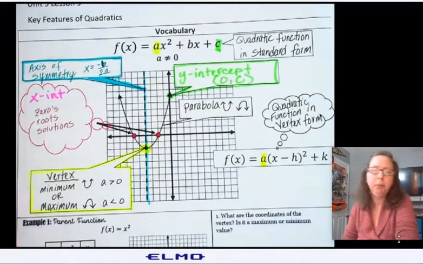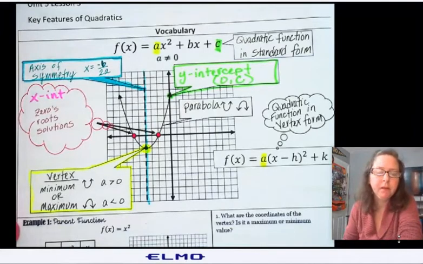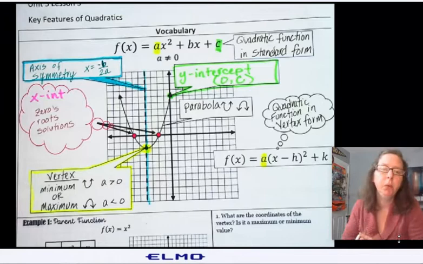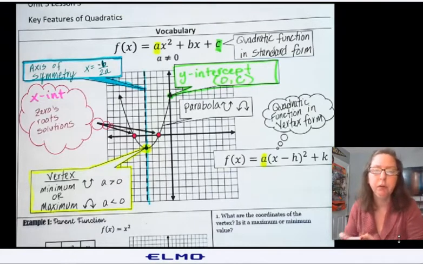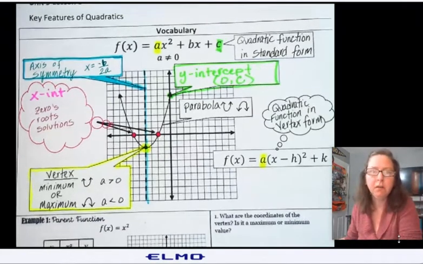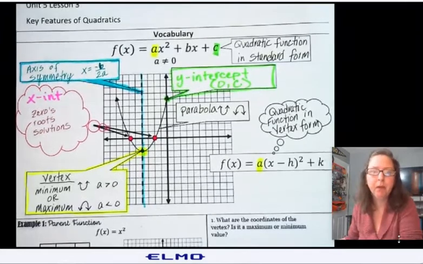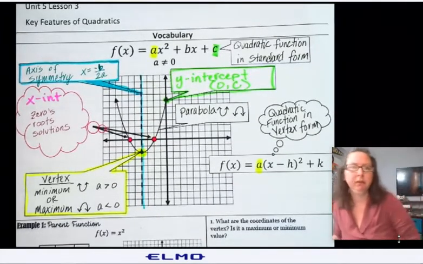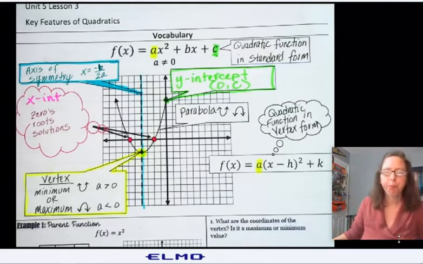We will work more with these in a little bit, not in today's lesson. So this is all of our vocabulary for key features of quadratic functions.